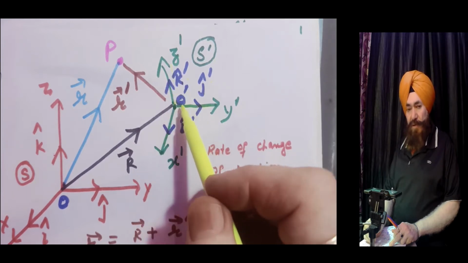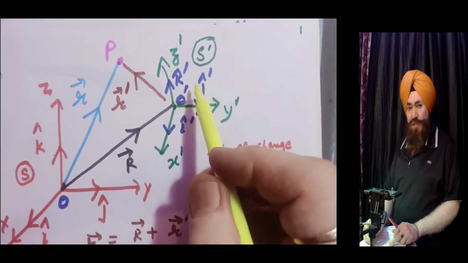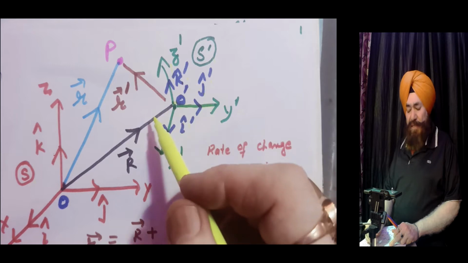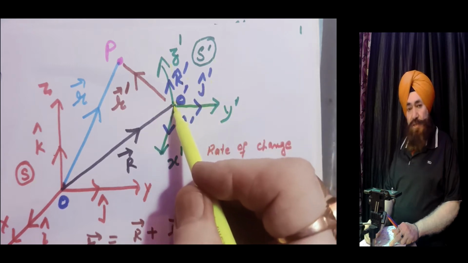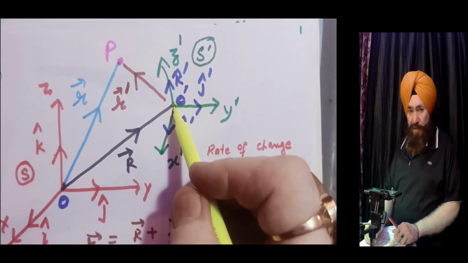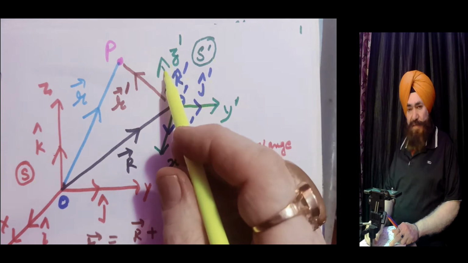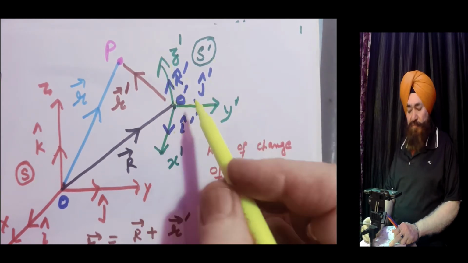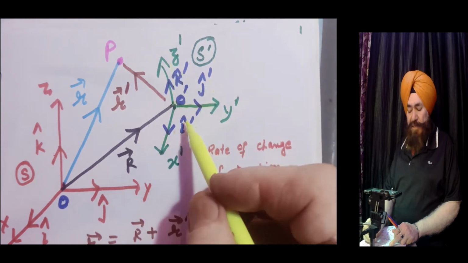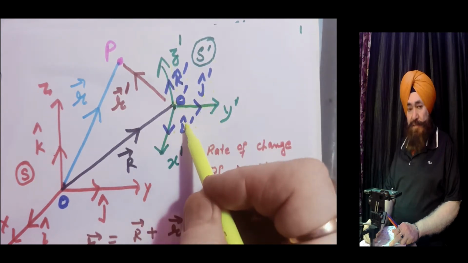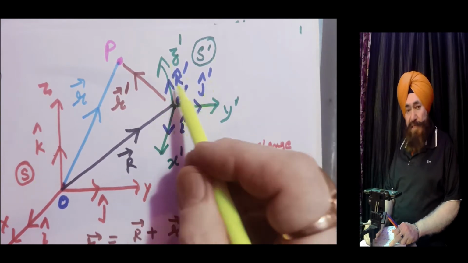It is in rotation. Maybe it is in translatory motion, or maybe it is accelerating, of course, but one thing is sure, it is a rotating frame. These directions are not fixed, they go on changing. The i cap dash, j cap dash, and k cap dash unit vectors are time dependent because the frame itself is rotating.